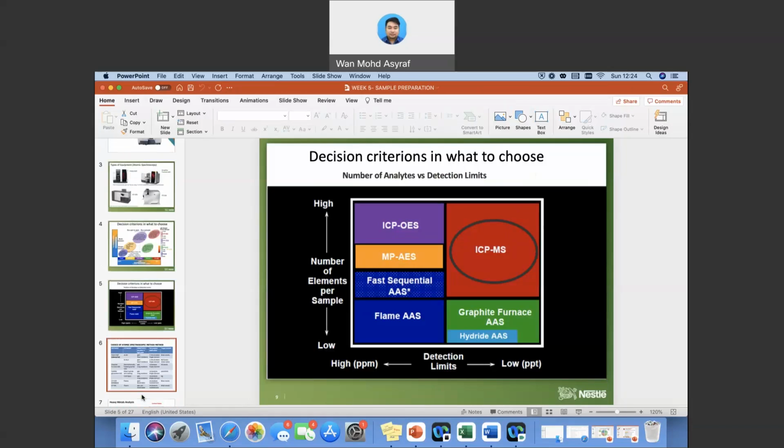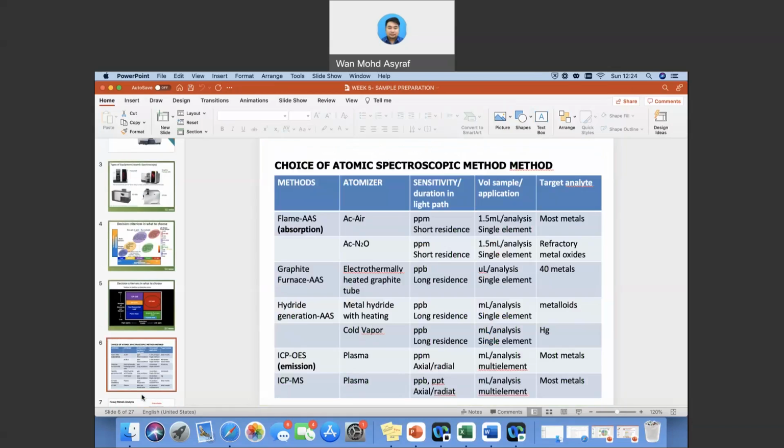We are back to this table, looking at the methods of flame AAS, graphite furnace AAS, hydride generation AAS, ICP-OES, and ICP-MS. All of this is important in terms of which instrument you are going to choose.